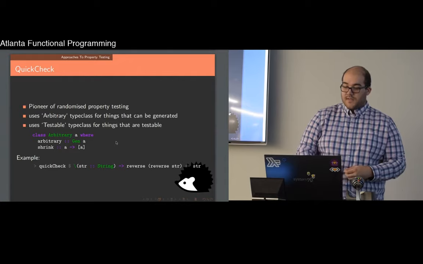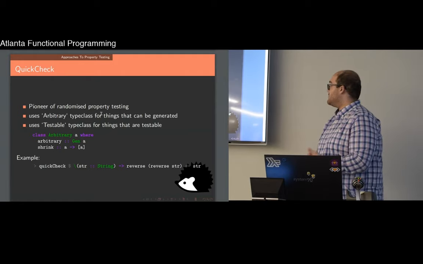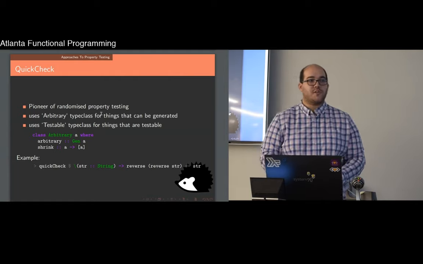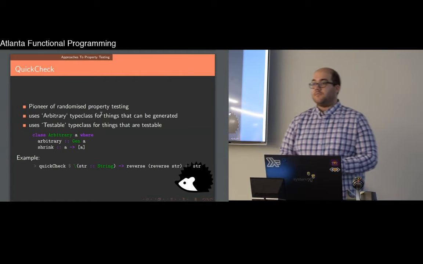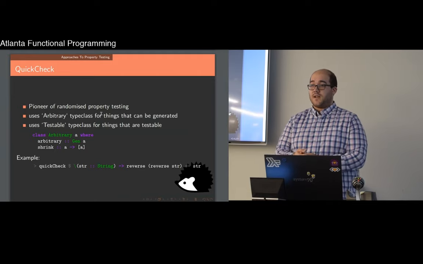And then the Testable type class is for things that are testable, things that you can actually run the QuickCheck function on. So things like Bool and functions actually have a Testable instance if their argument has Arbitrary instances.